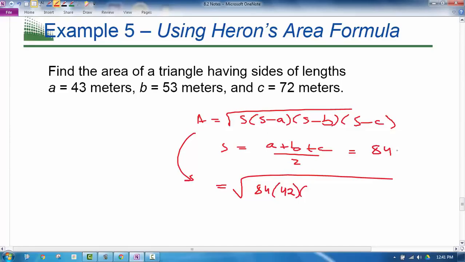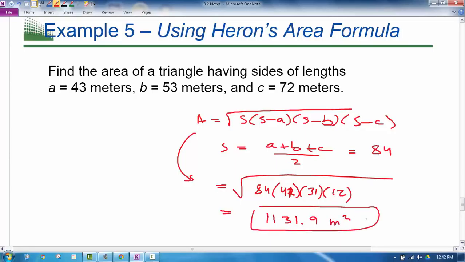Then 84 minus 53, which is 31, and 84 minus 72, which is 12. If you evaluate that in your calculator, you get about 1131.9, and that's square meters because we're talking about area. All right, let's try the homework and hopefully this helps.